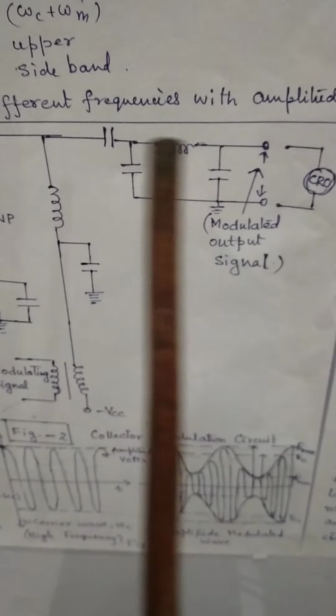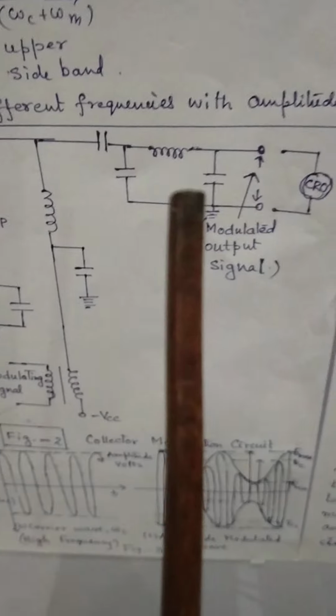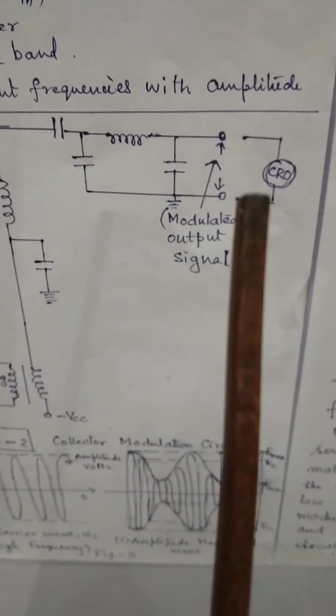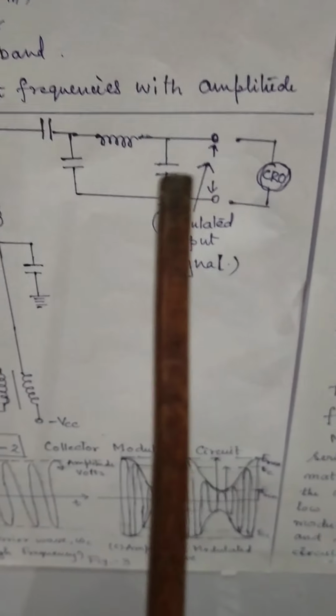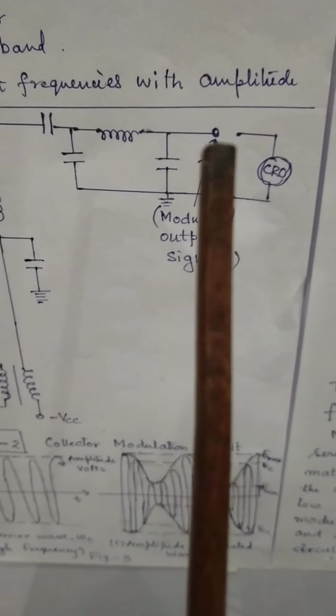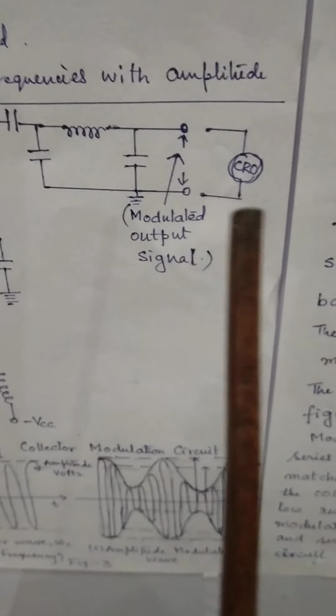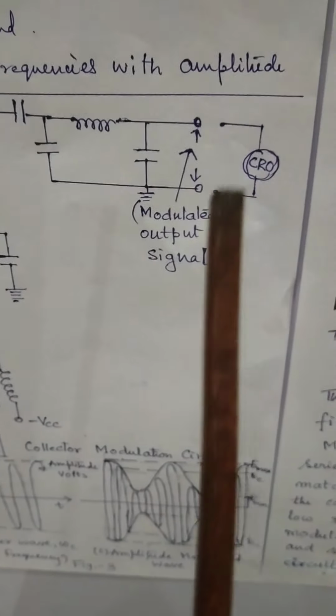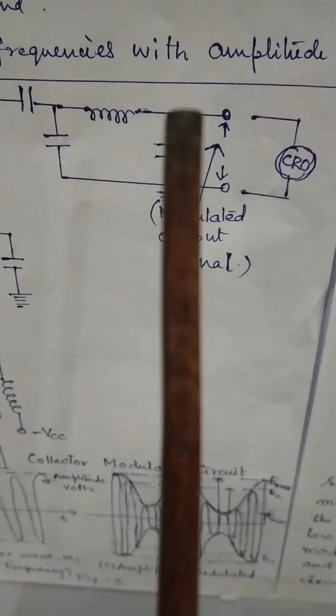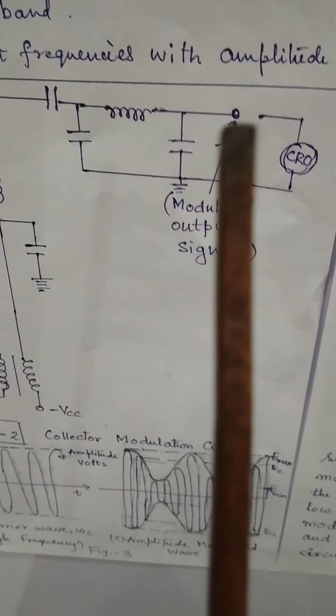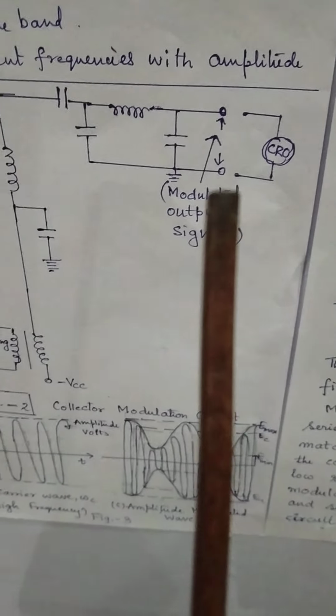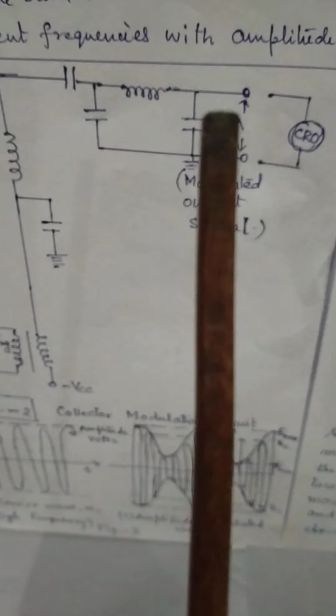There is one filter circuit, and the output is taken out. In the output, it is detected with the help of a CRO. The CRO can be connected here, and the waveform can be seen on the screen of the CRO.